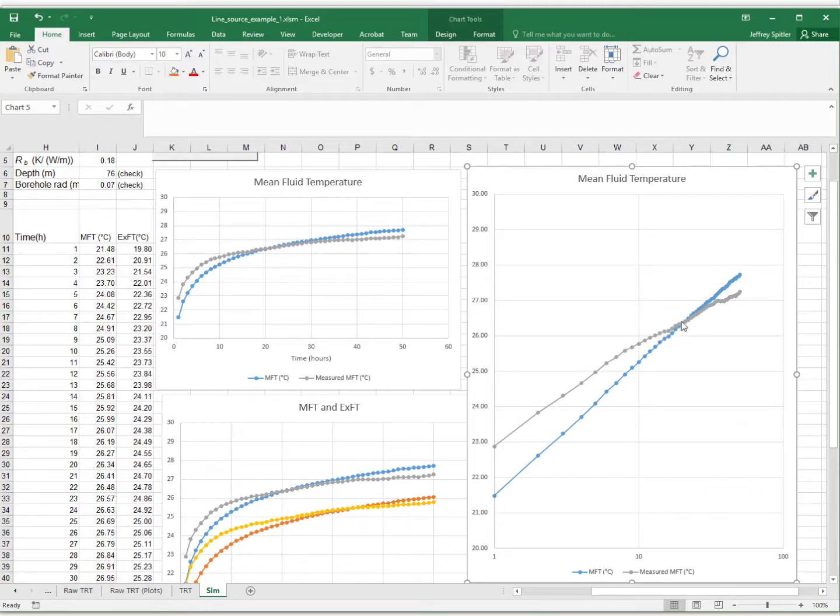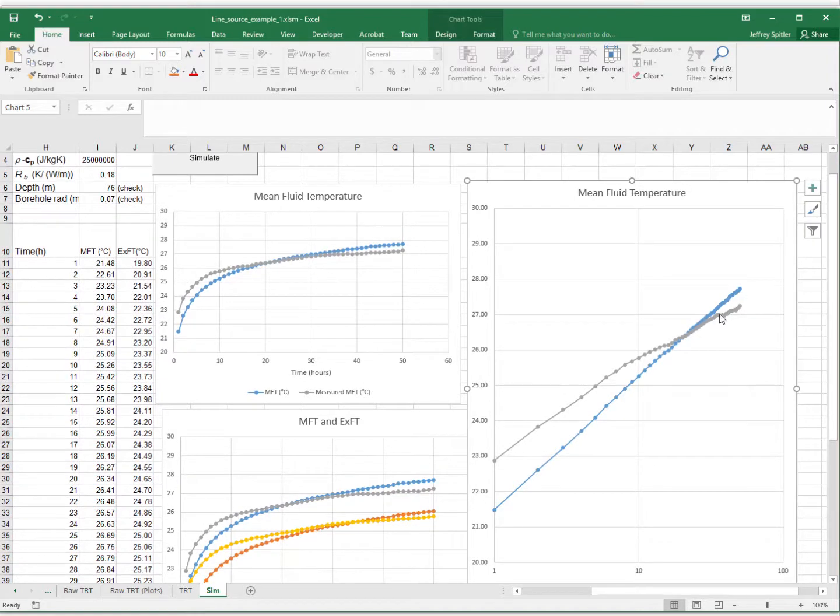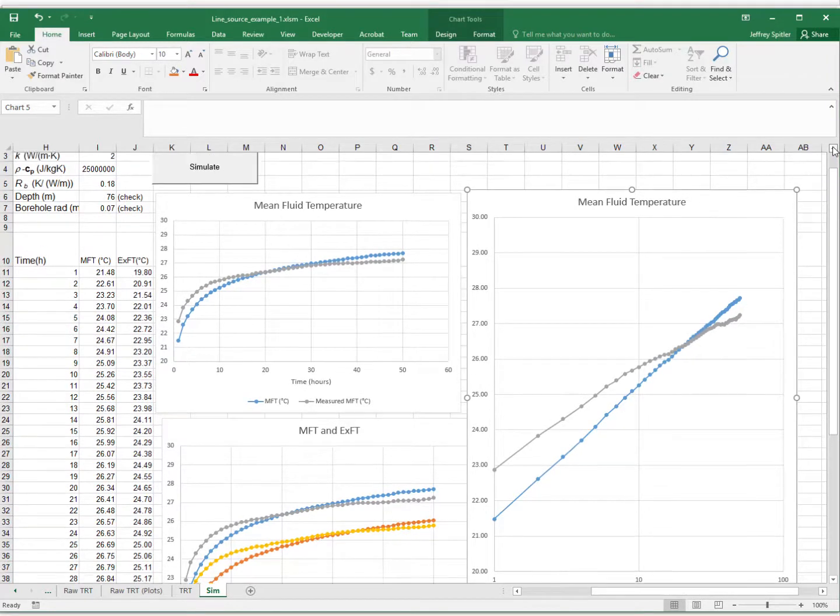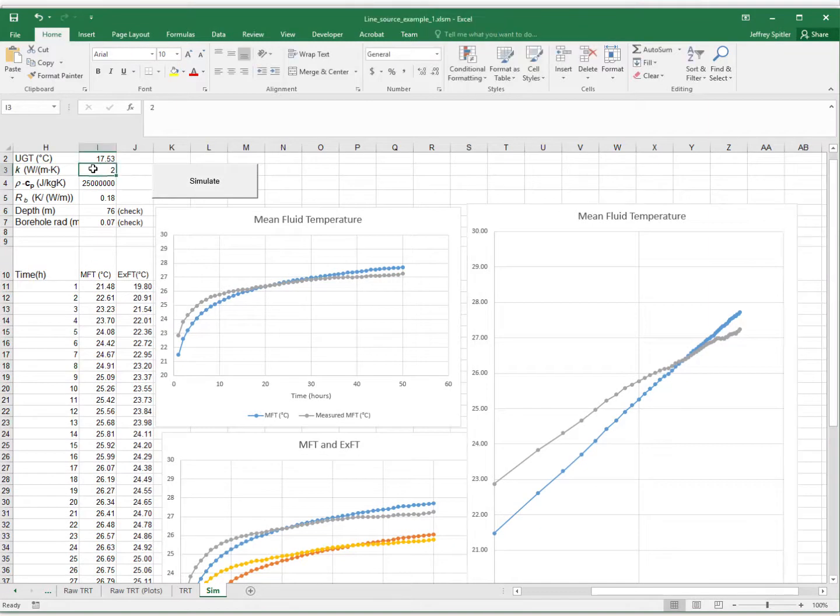Even then there's a slope there, then there's a change, and maybe another slope there. So that's one of the reasons to use parameter estimation, but it may not help us all that much. We're not using parameter estimation here, we're just guessing.